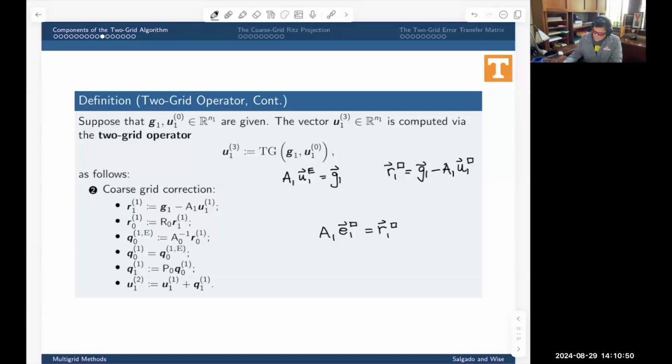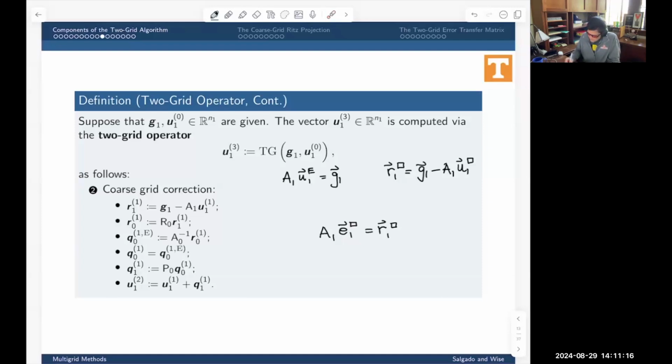Now, if you tell me what the residual is, that's some piece of information, but it's not so useful. However, if you tell me what the error is, that is infinitely more useful than the residual. If you tell me the error and I know my approximation, I'm immediately going to know what the true solution is.